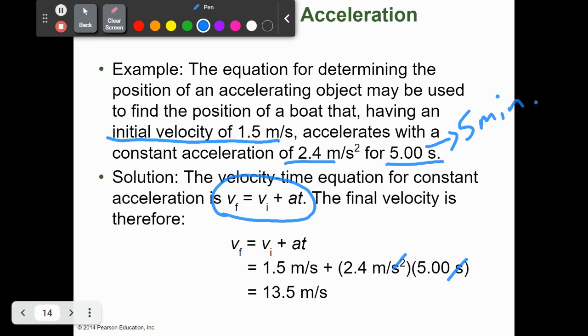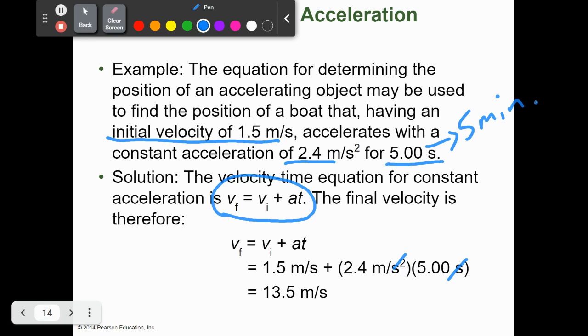It should have said something about determining the final velocity of the object that has constant acceleration of 2.4 meters per second squared with an initial velocity of 1.5 meters per second for 5 seconds.